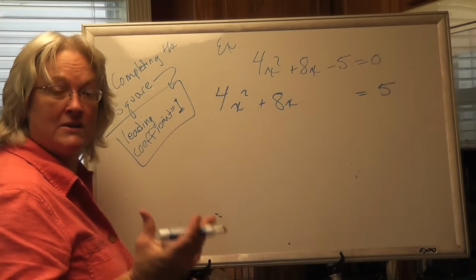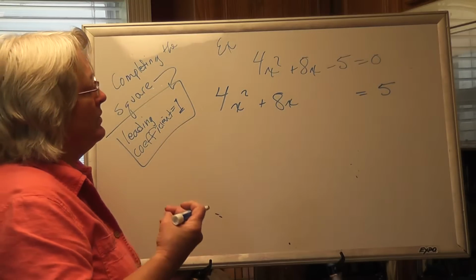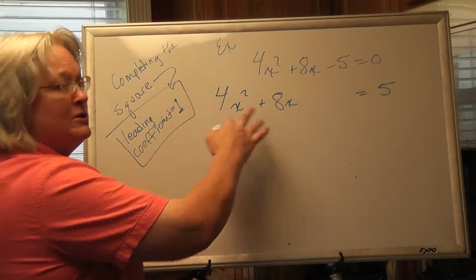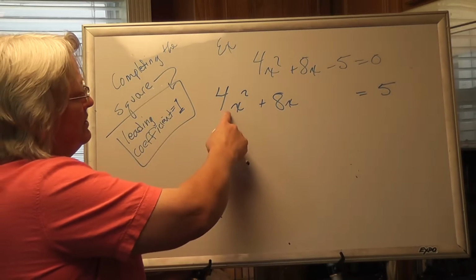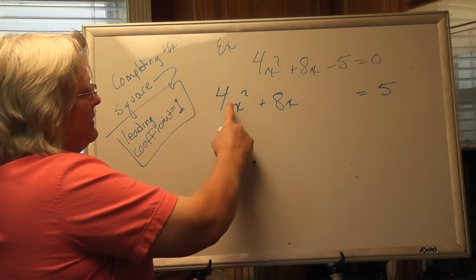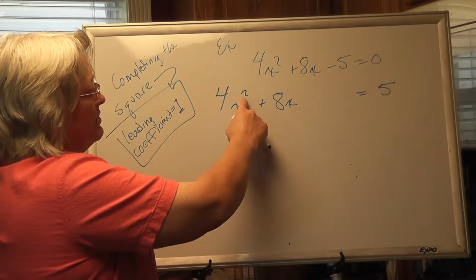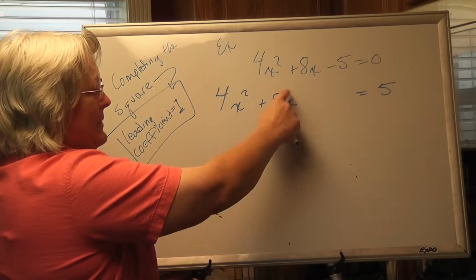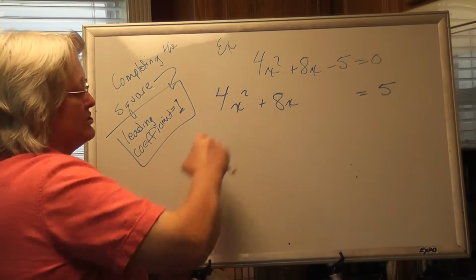So what do I mean when I say that the leading coefficient is equal to 1? Well, what that means is you have arranged your equation so that you have it set up in descending powers, descending order according to what power the variable is. Quadratic equations are second degree equations.